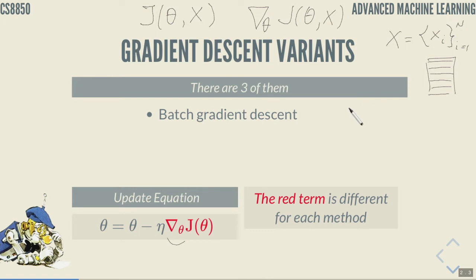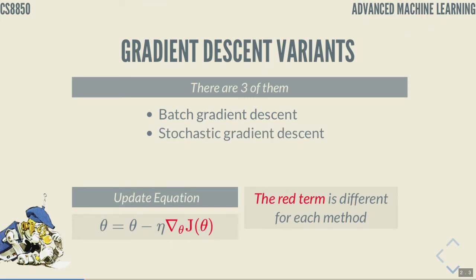But what I want to say here is that batch gradient descent takes this complete matrix or complete set for each evaluation of the gradient at each step. Stochastic gradient descent uses only one sample at a time. Take a sample at some point i, evaluate the gradient, make a step.